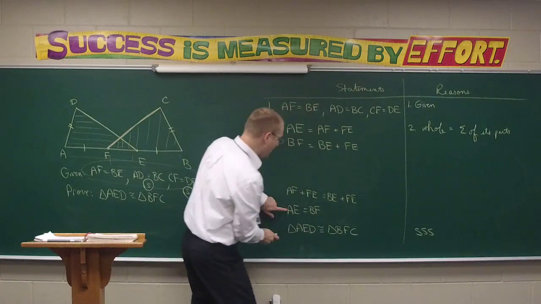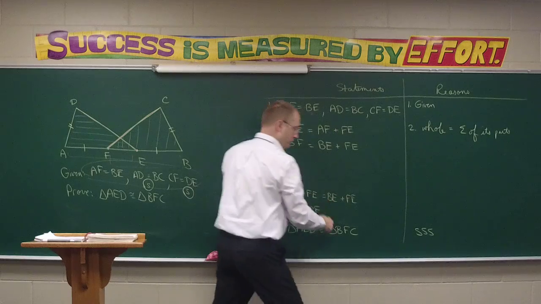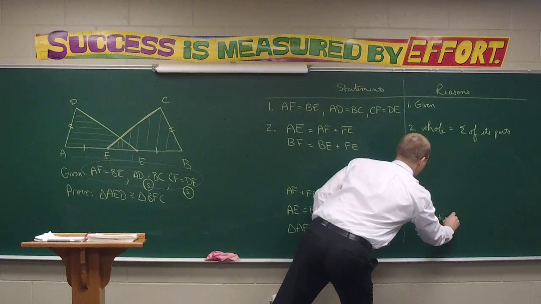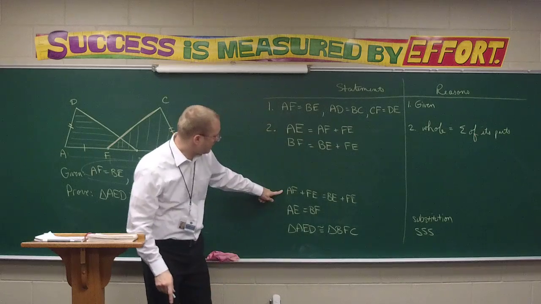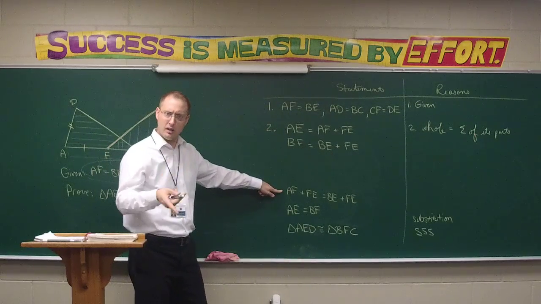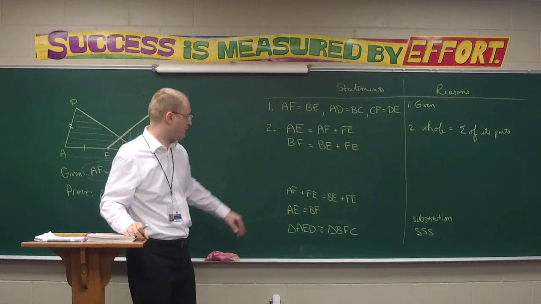So I'm going to get this statement by simply substituting the wholes in for the sums of the parts. The question is, how do I get this statement? Do you see how we're working kind of backwardsy? Analytically. How do I get this? I know what I need. Okay, how do I get it?